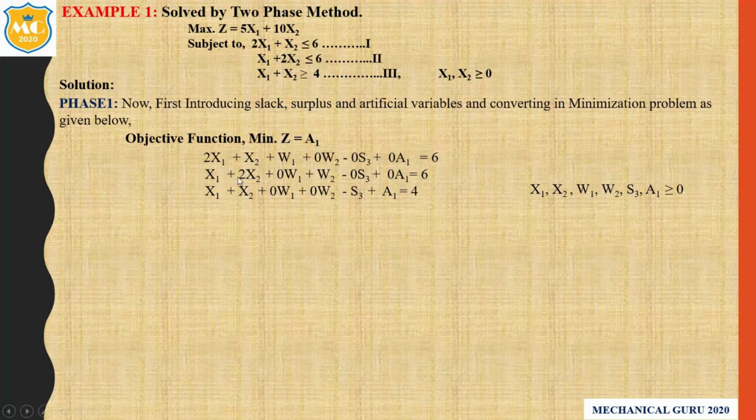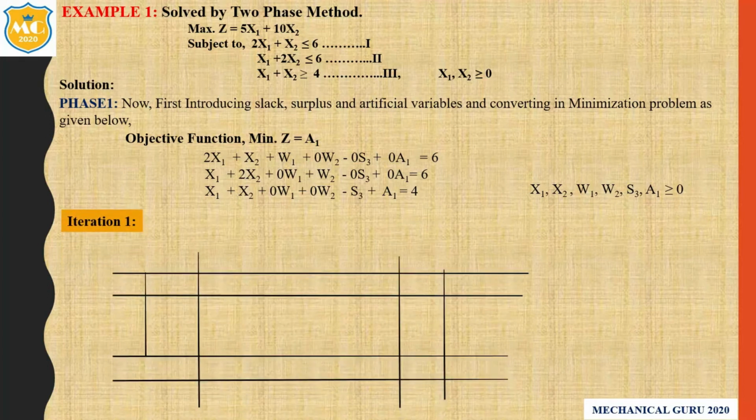Now we have to convert these equations into the simplex tabular form. This is the standard format: basic variables, basic cost, basic, and these values we write from the equations: x1, x2, w1, w2, s3, a1, and the last column bi, the right-hand side value.